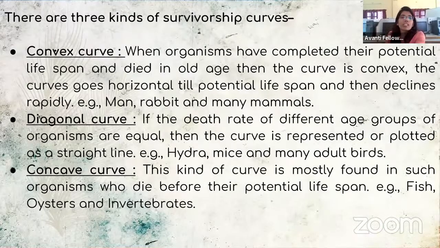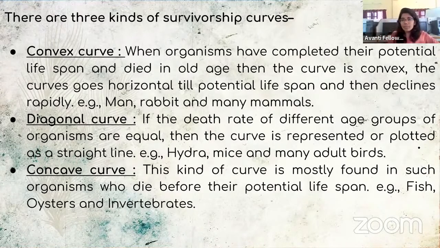This is called a convex curve, where you can observe that organisms have completed their potential lifespan and died. Completely, they will be living their potential lifespan and then they will die in old age. They will be living in their lifespan and they will die. This is called a convex curve.